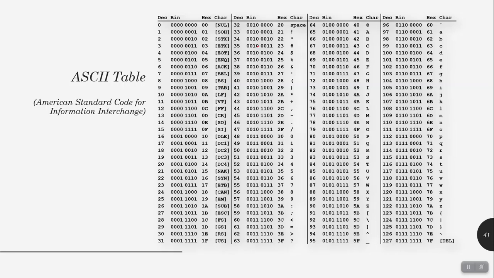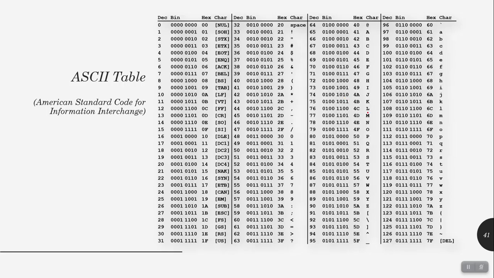So for example, we type J in our word processing software, or let's say in our Notepad. Our computer sees it as a binary value. So J is 01001010 in our computer. Okay?